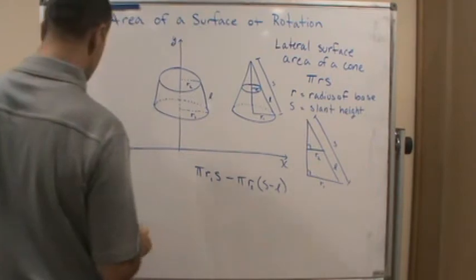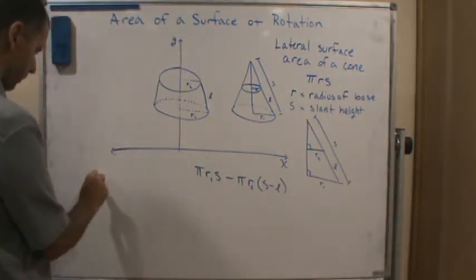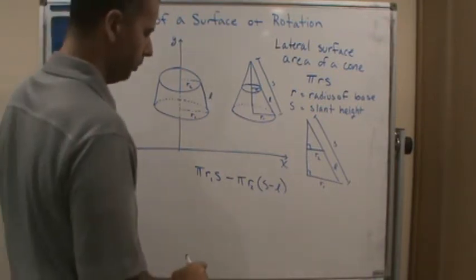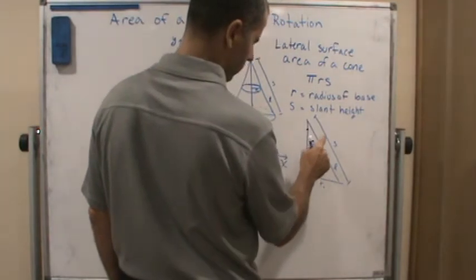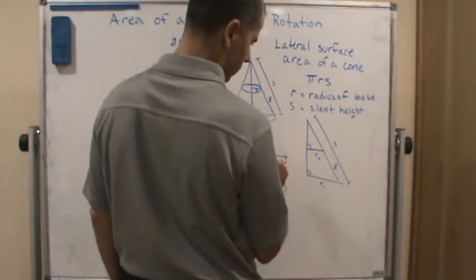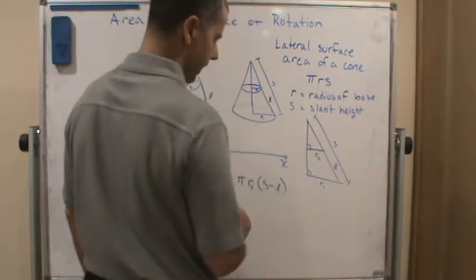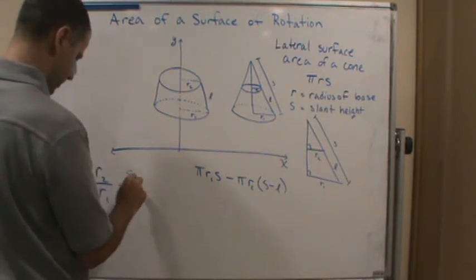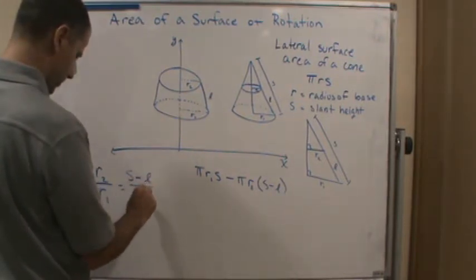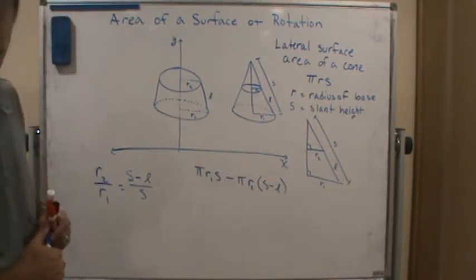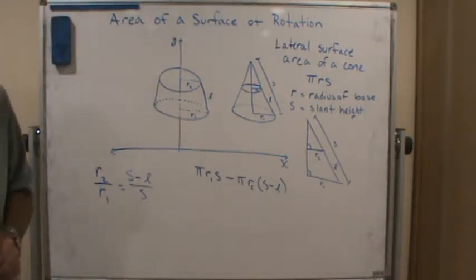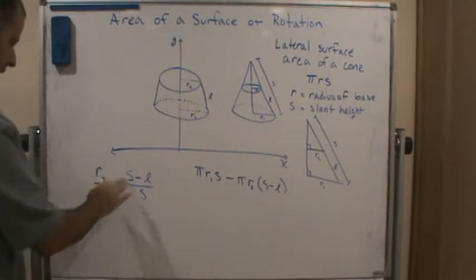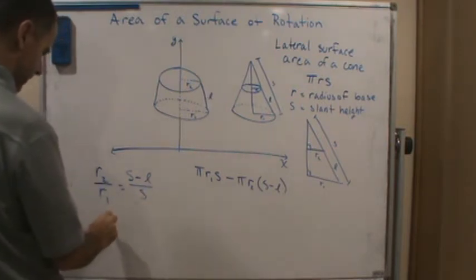Let's do r2 to r1 is equal to s minus L over s. Now what I want to do is solve for s.